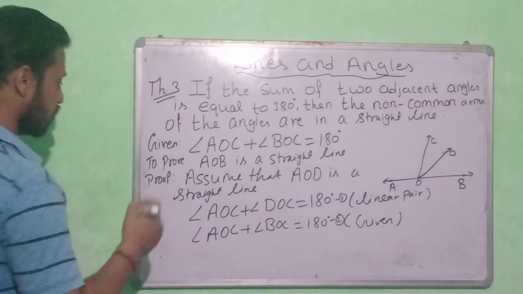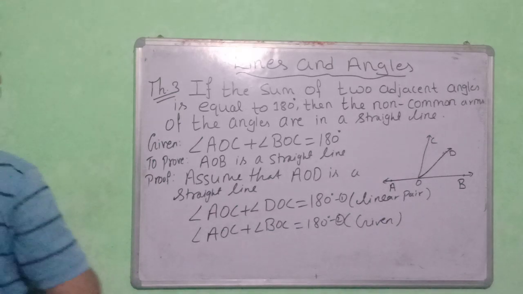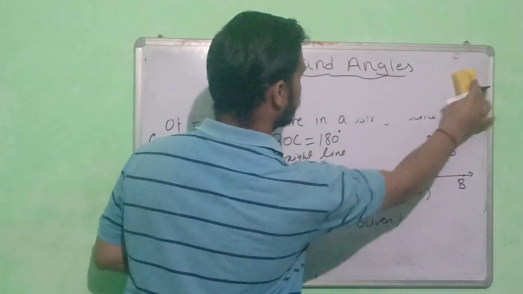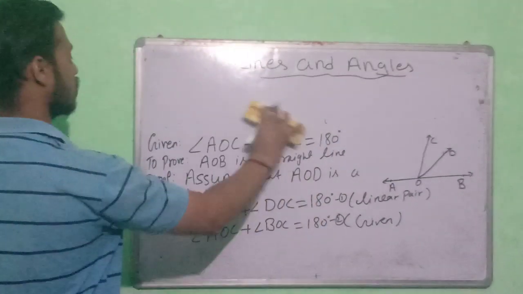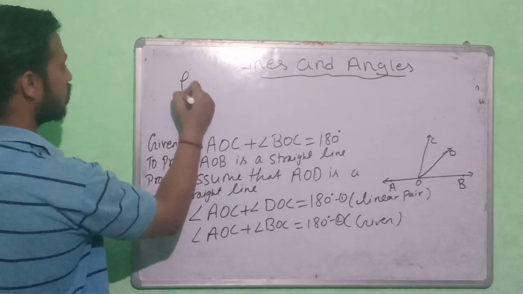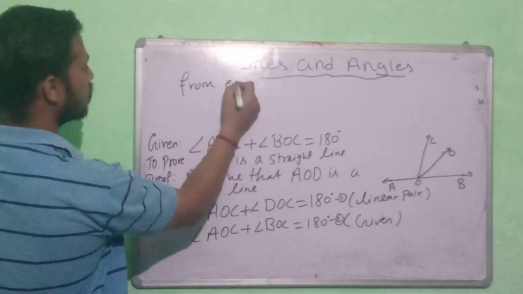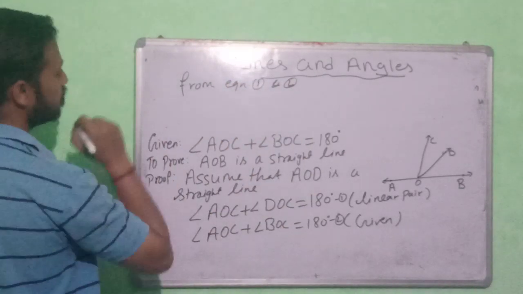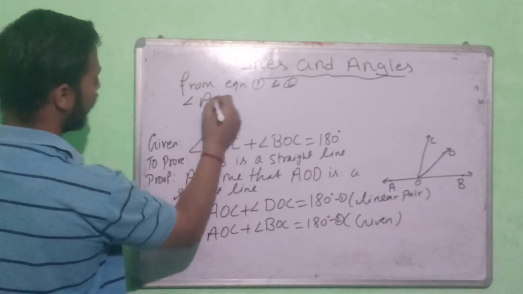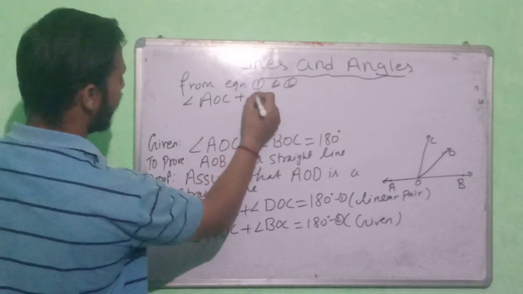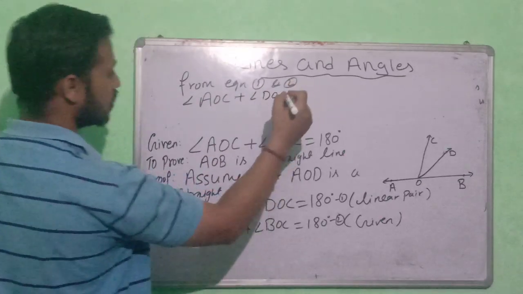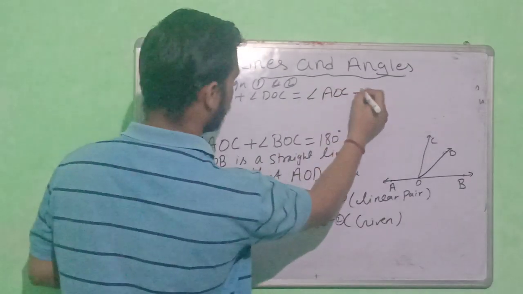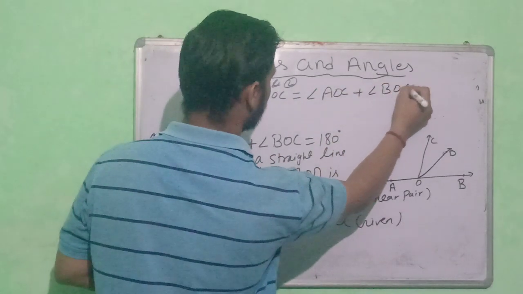So from equations 1 and 2, we can say that angle AOC plus angle DOC equals angle AOC plus angle BOC.